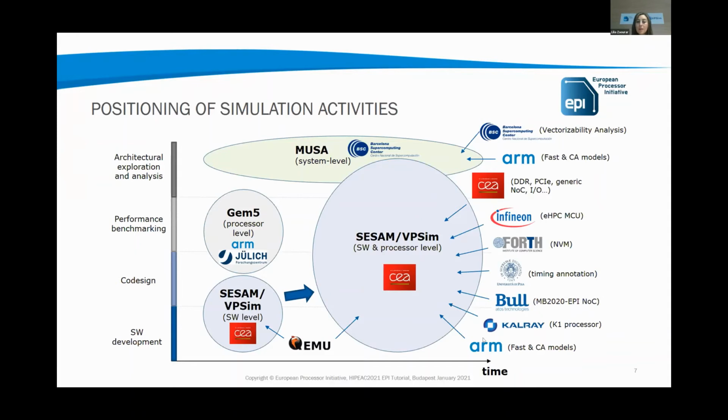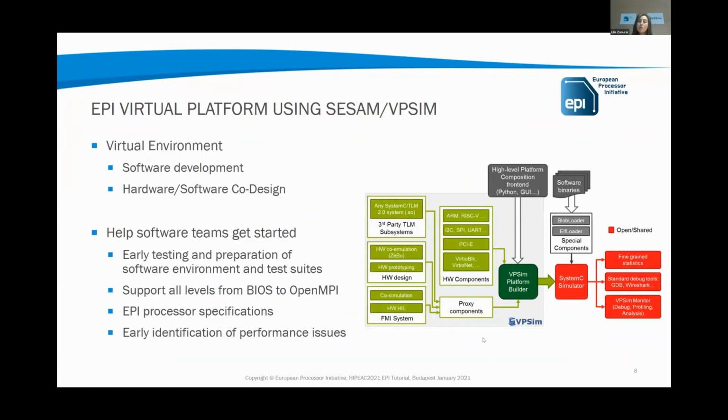VPSim could be seen as a Lego platform where it's possible to develop IP models in VPSim or plug in external models developed by other partners, as represented here, and simulate the whole platform in a unique framework. Thus, the aim of VPSim is to provide a virtual environment for software development and hardware-software co-design.